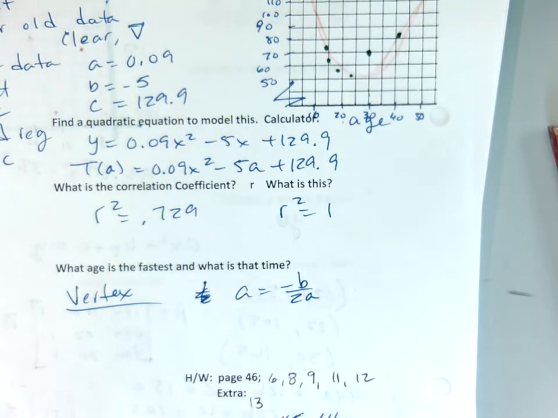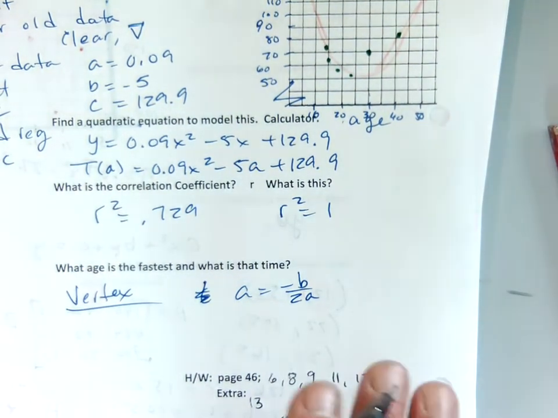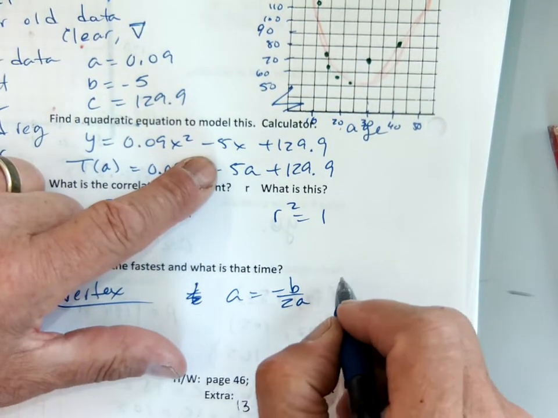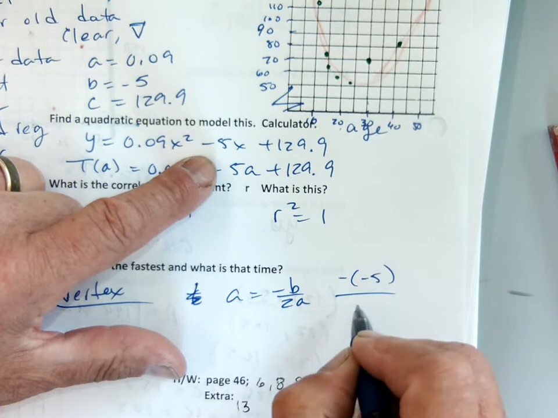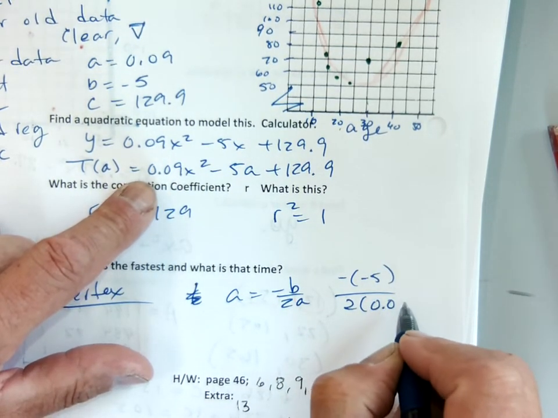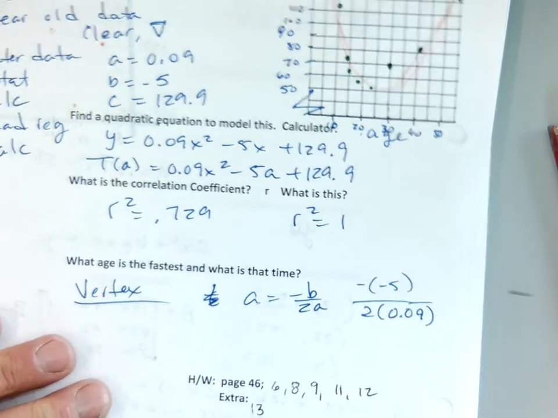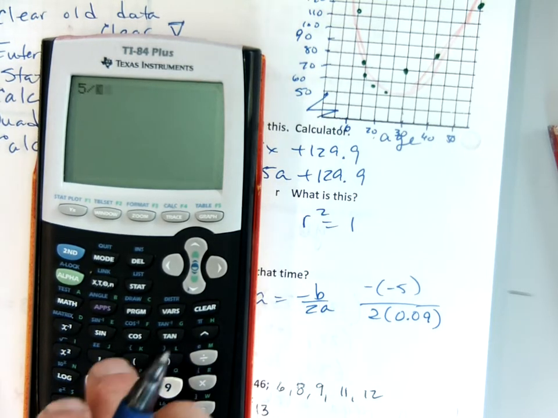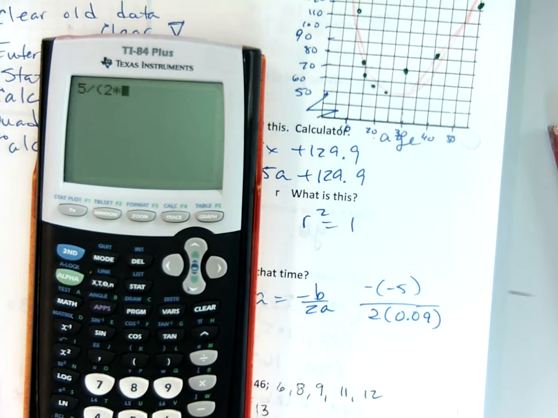So if I want to find the best age, negative b, I'm going to use negative 5 over 2 times 0.09. Let's see what I get. Clear. 5 divided by 2 times 0.09.